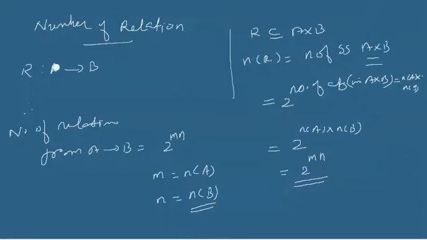Because every relation from A to B is a subset of A cross B. So the number of relations possible from A to B is equal to the number of subsets of A cross B, which is equal to 2 raised to n of A into n of B. For convenience, we can take it as 2 to the power m into n.